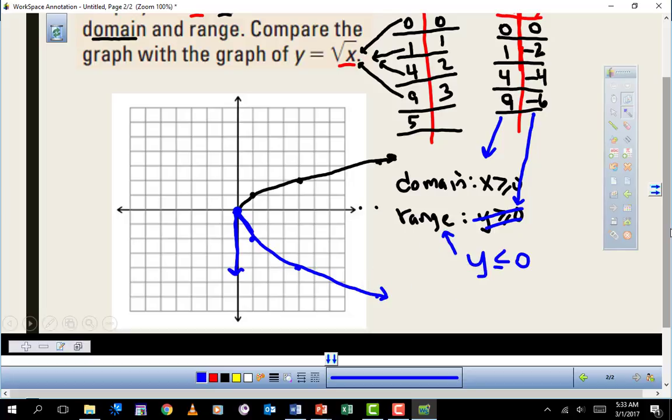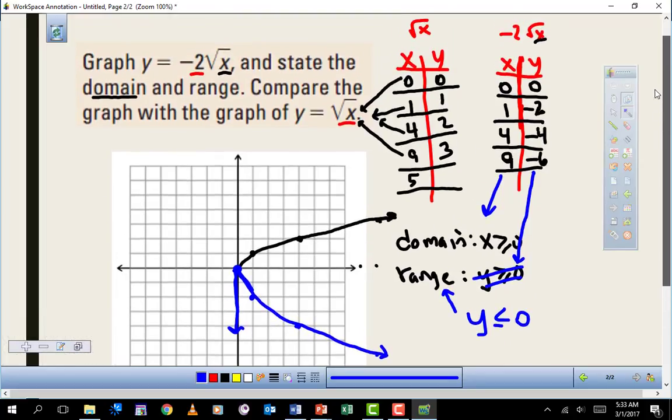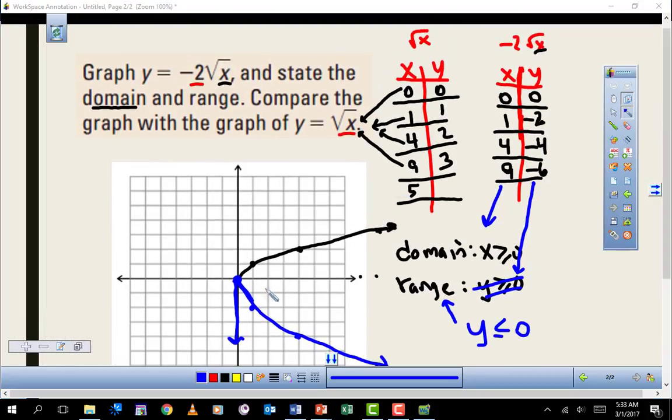Now, if you take a look at the two graphs, we're asked to compare things. And so naturally you could say, well, the parent function was above the x-axis, and this new function is below. And you can say, well, what part of it contributed? And I think most people would say, well, the negative right here contributes to that.